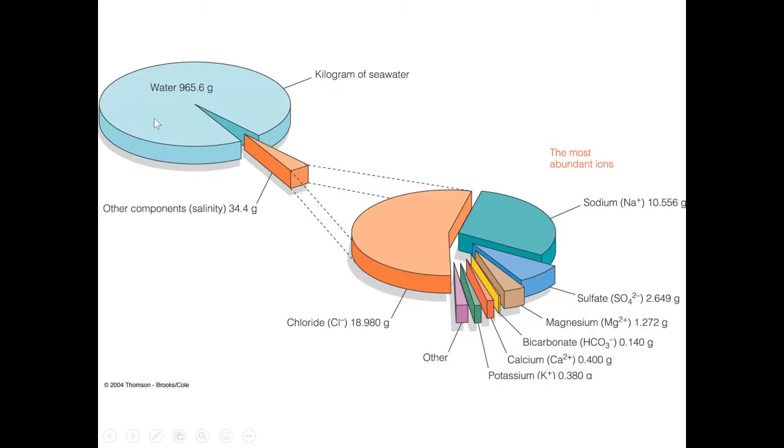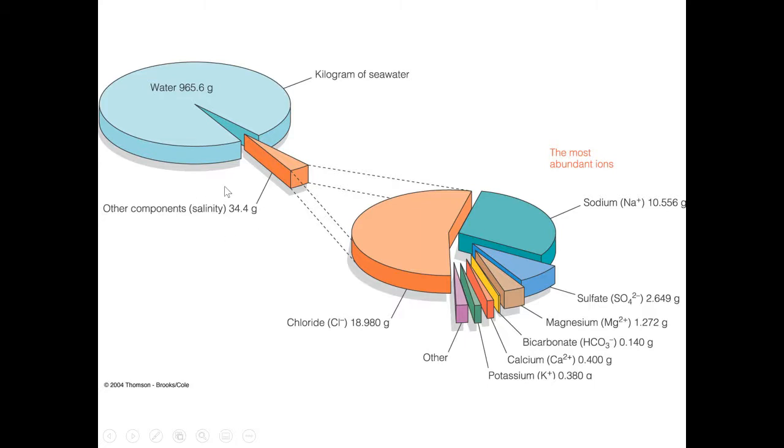Okay, so here 96.5% hydrogen and oxygen, okay, the universal solvent, and the solute, the other components, are 3.5%. Now here's your first chance of seeing the word salinity and noticing now where the 34.5 or 35.5, depending on essentially who you ask or where you are in the world, open ocean salinity.